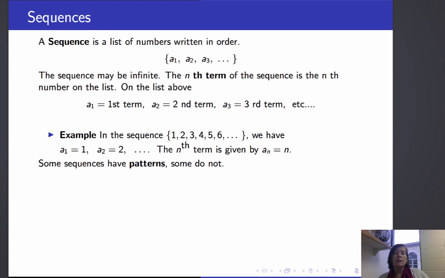So if this pattern continues, the 100th term of the sequence, a subscript 100, should be 100.